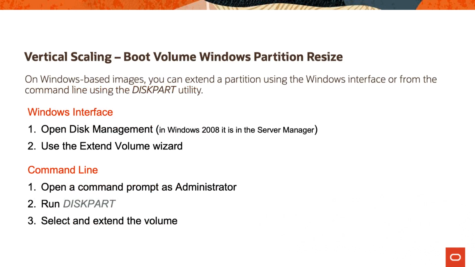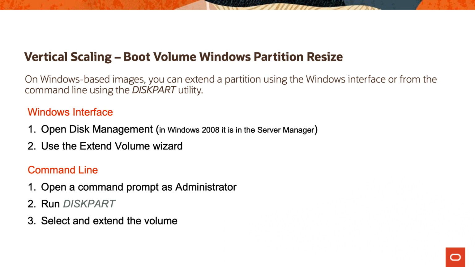If you're going to be doing this with Windows, it's going to take a little bit longer because you're going to have to actually open Disk Management, and you want to make sure that you're using Server 2008 unless you want to play around with registries, and you still have to consider the disk signature collision errors that you can run into if you're using a newer version of Windows.